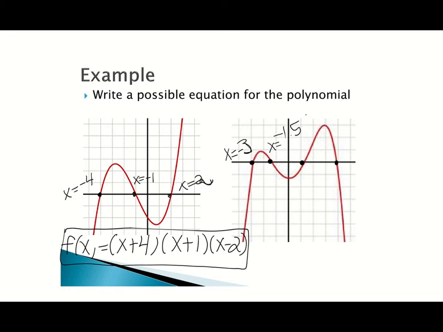And I'm going to want to write that as a fraction. So that's going to be negative 3/2. I have x equals 1 and x equals 4. So I have 4 zeros and I have a polynomial that is of degree 4. So if I want to go ahead and write this, let's call this g of x.